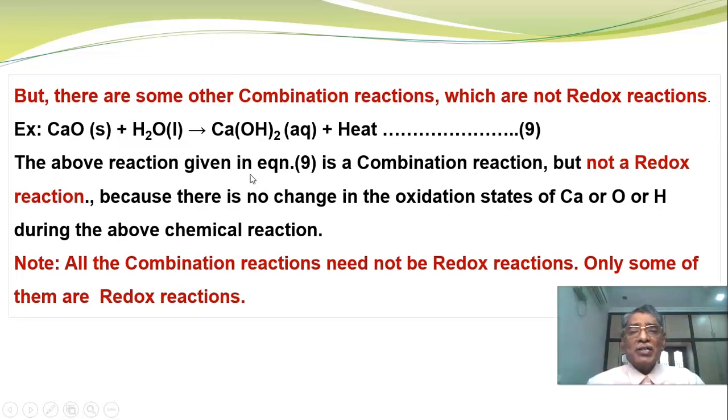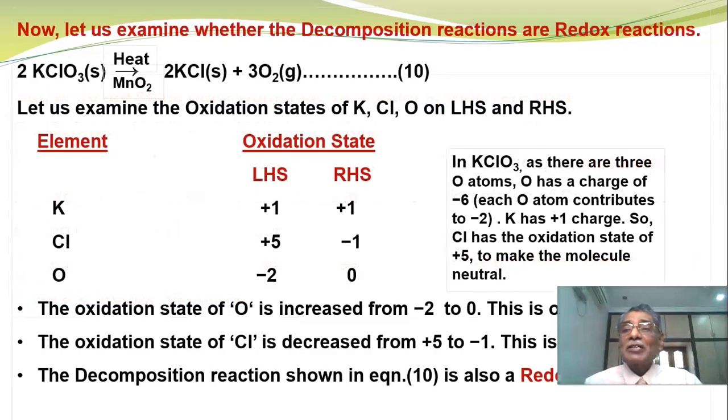The above reaction is a combination reaction but not a redox reaction because there is no change in the oxidation states of Ca or O or H during the above chemical reaction. Therefore, all the chemical combination reactions need not be redox reactions. Only some of them are redox reactions.